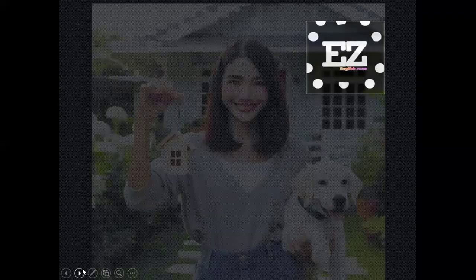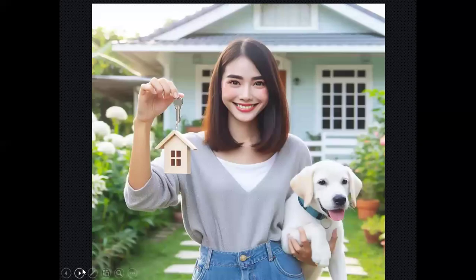Let's learn a bit more about what it means: context, approach, and perspective. Let's see the next picture. It's the girl again with the dog and the house. And in this case, we are going to take into account Mary. She is the girl.